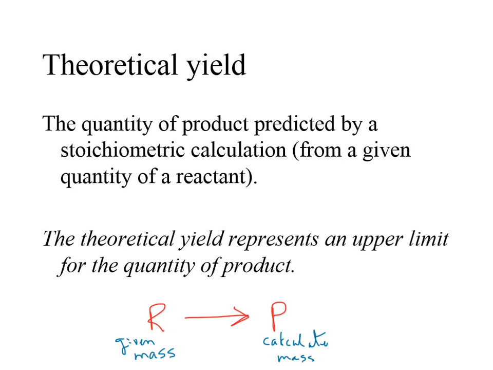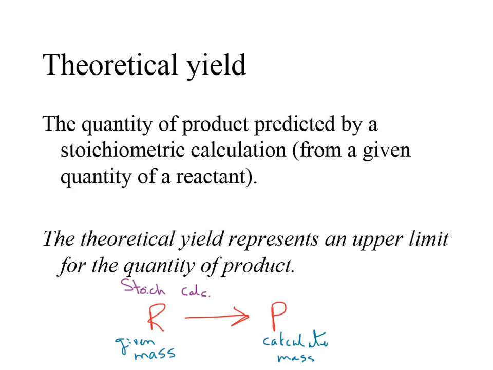Okay, it could be mass or moles. But this is a theoretical yield calculation. It's just a special type of stoich calc.